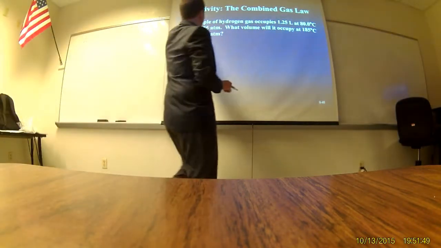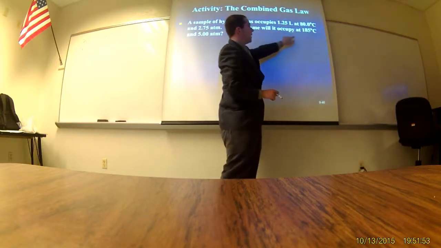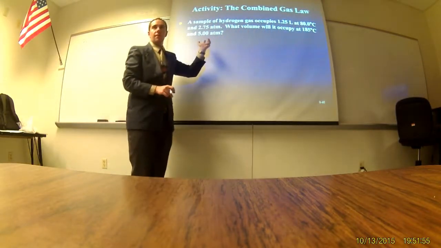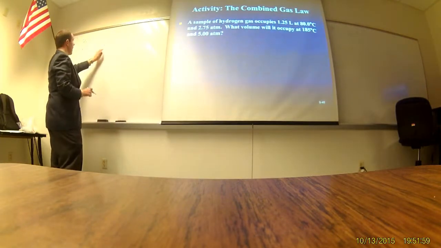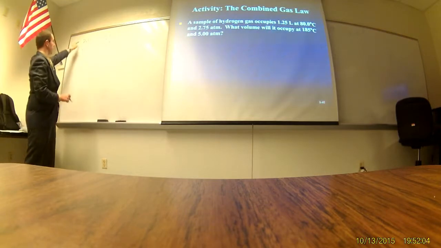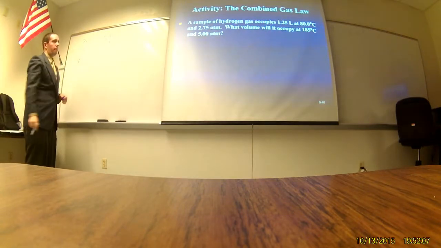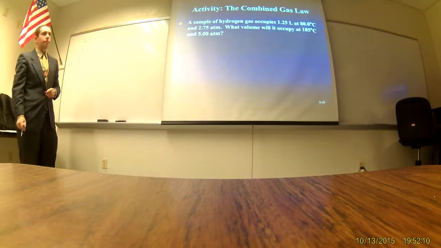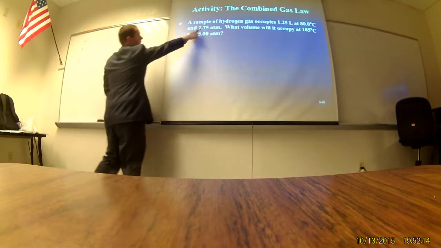We're given a volume to begin with. So what volume would it be with these conditions? We're looking for V2, which means we have to have everything else. So let's start here. What is my P1? 2.75 atmospheres.